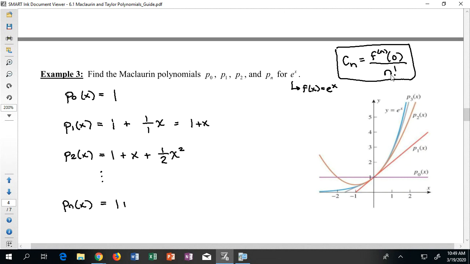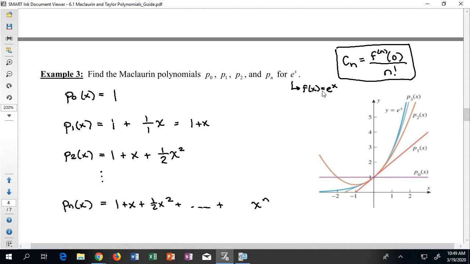I know that it would start exactly the same way. It would just keep going and going and going until I got all the way up to x to the power of n. I would just have to figure out the number that goes in front of that, the coefficient. So I would say, well, what happens if I plug in n? Well, here's kind of an interesting thing.